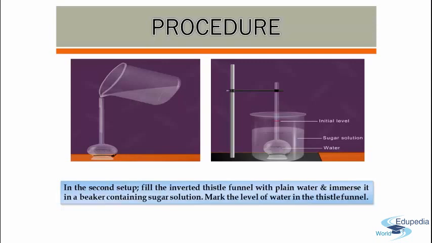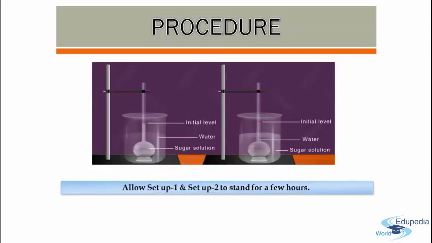But in the second setup, we are filling the inverted thistle funnel with plain water and immersing it in a beaker containing sugar solution. Then mark the initial level of water in the thistle funnel. Now we have to keep setup 1 and setup 2 to stand for a few hours.